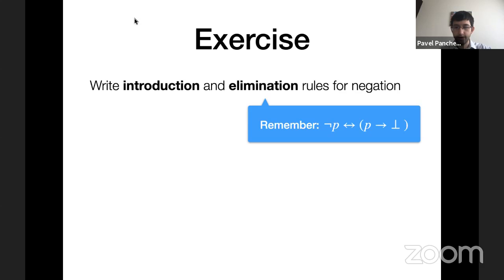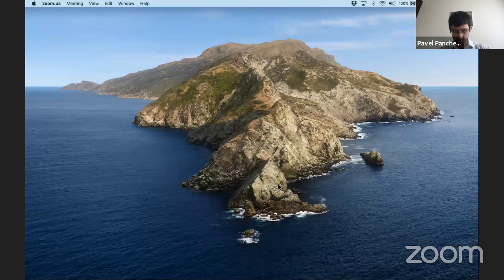So let's see how this works. Okay, I think you are now all in various rooms. You probably have a thing that you need to click to join the breakout room. Feel free to unmute yourselves and talk.